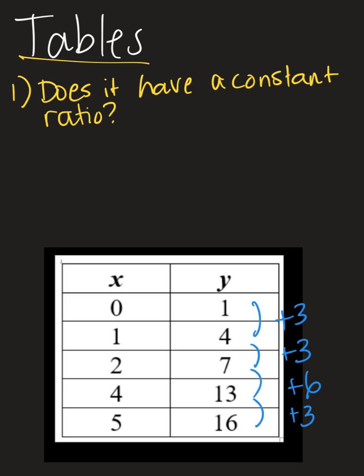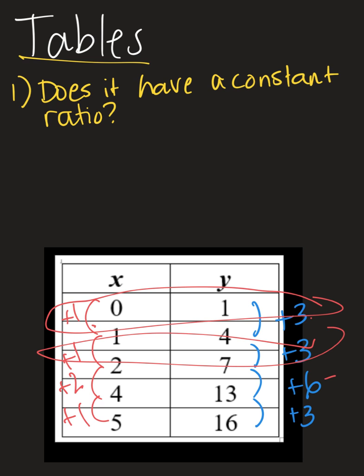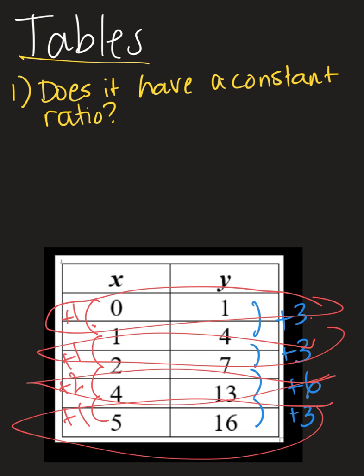So I'm going to check these out. 0 to 1 is plus 1, 1 to 2 is plus 1, 2 to 4 is plus 2, and 4 to 5 is plus 1. So I have 3 over 1, and 3 over 1, and 6 over 2, which simplifies to 3 over 1, and then finally 3 over 1. So I have a constant ratio, okay? So in this case, the answer is yes, constant ratio of 3 over 1.